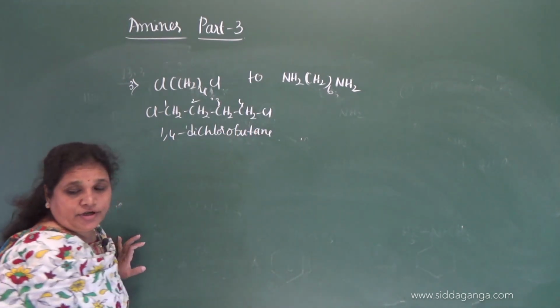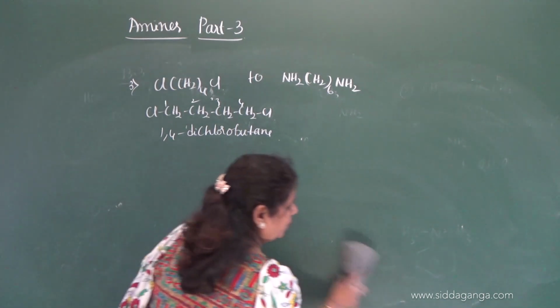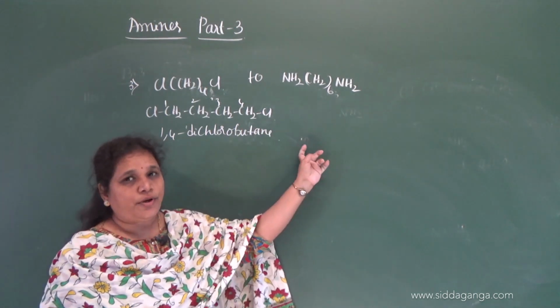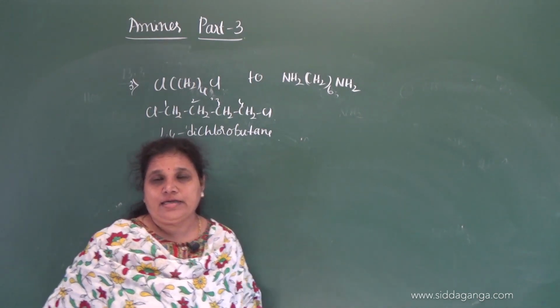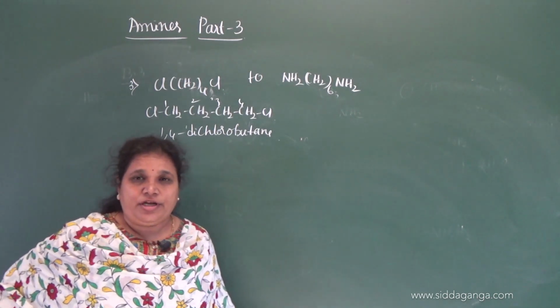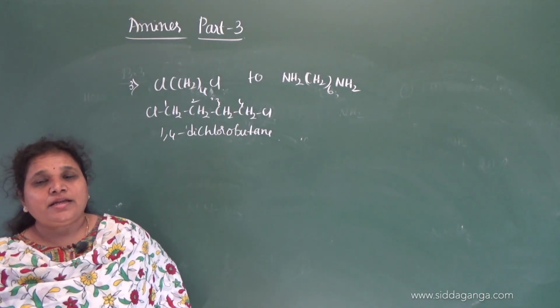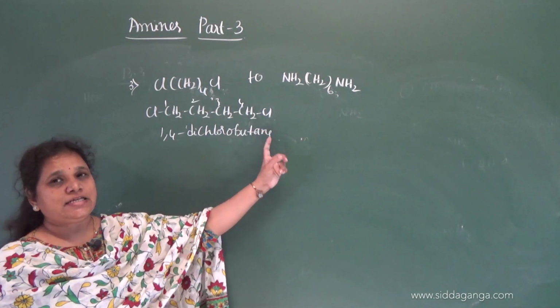So you have to convert 1, 4 dichlorobutane to hexamethylene diamine. You need to convert but to hex. But to hex means increase in 2 carbon atoms. So ascent of series.